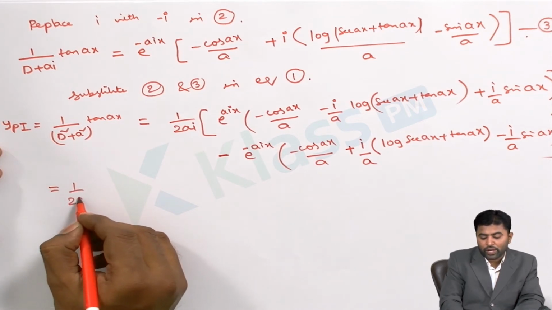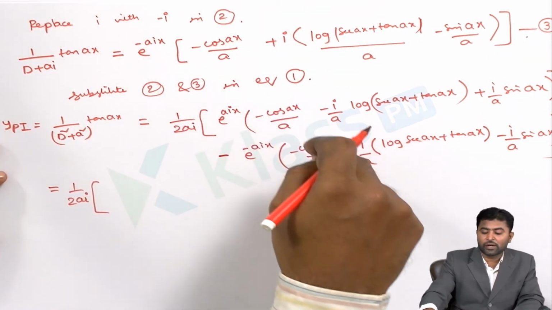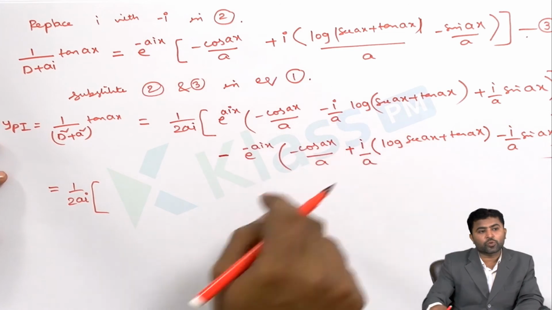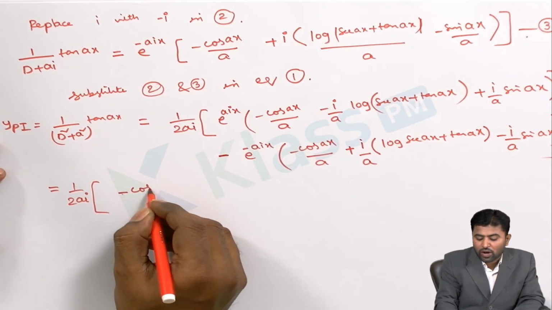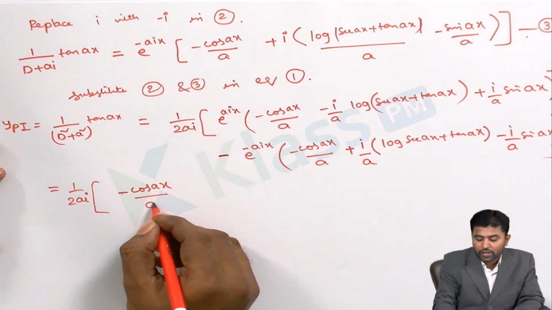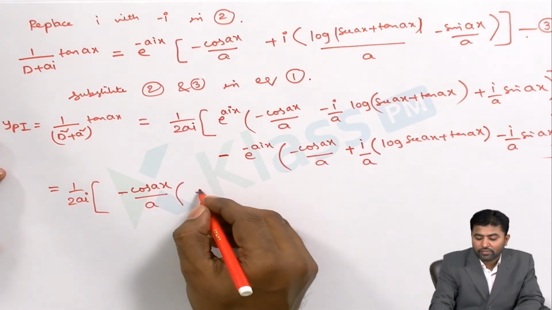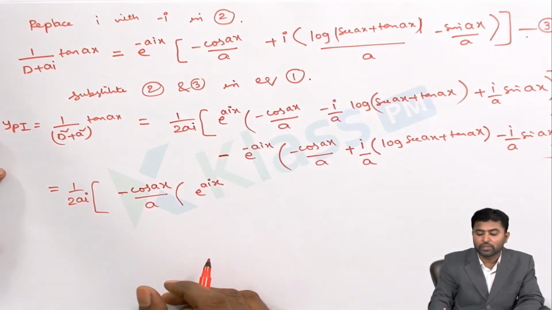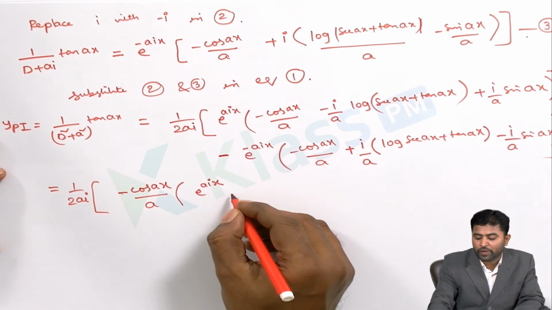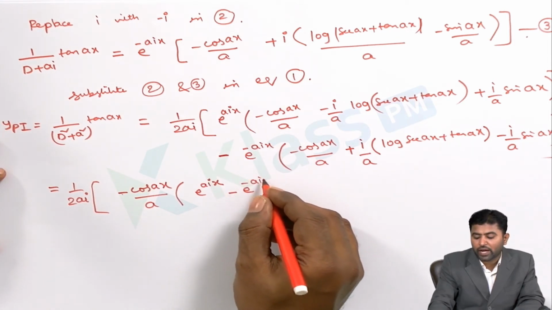So 1 by 2ai. Now I'll take the first term of these two brackets, minus cos ax by a, common, then I'll have e power iax minus e power minus iax.